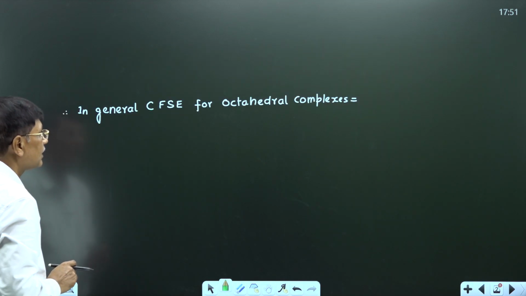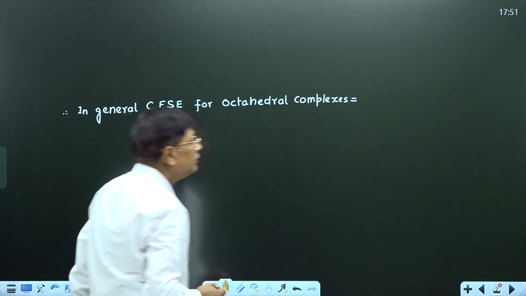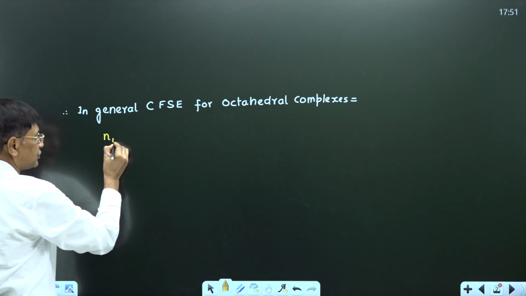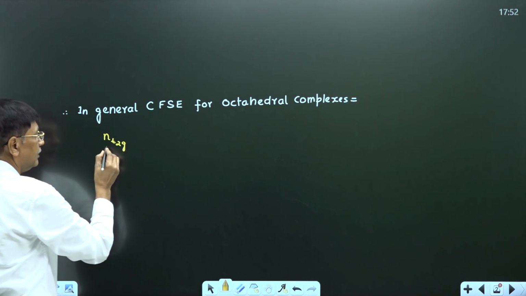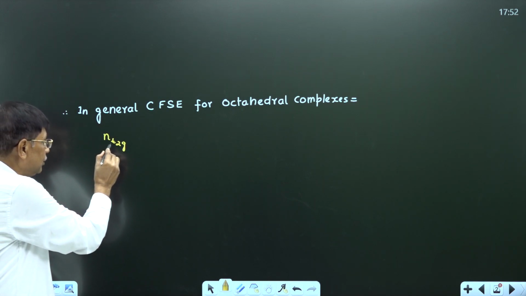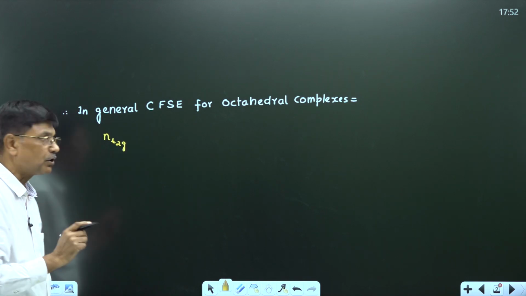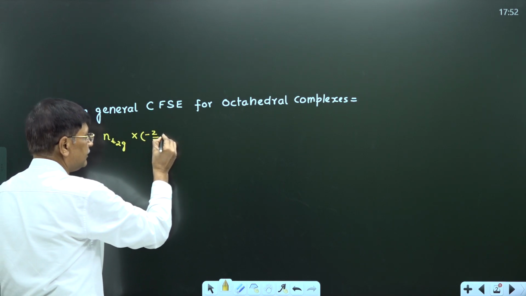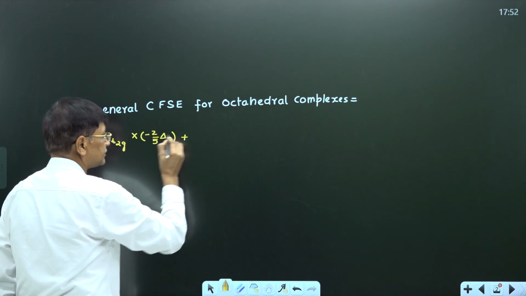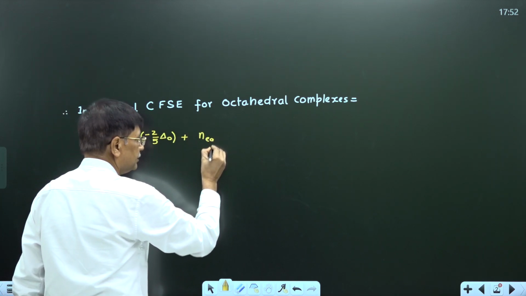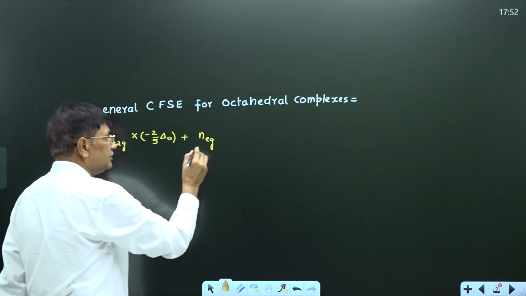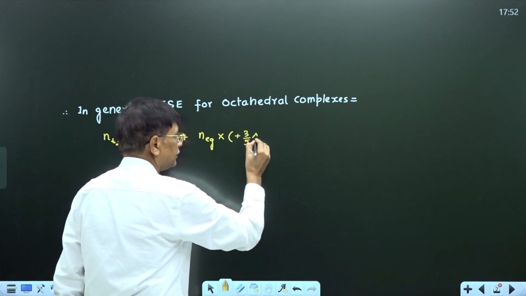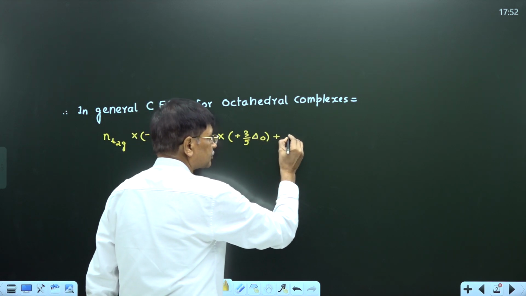Students, N T2g means number of electrons in T2g orbitals multiplied by minus 2 by 5 delta O, plus N Eg, the number of electrons in Eg orbitals multiplied by plus 3 by 5 delta O, plus XP.